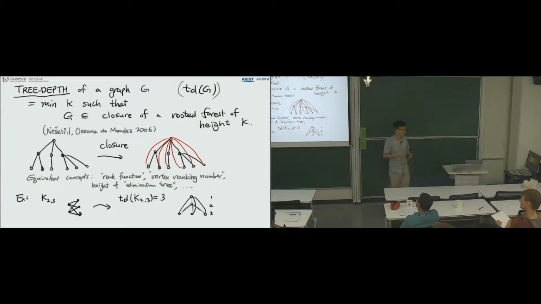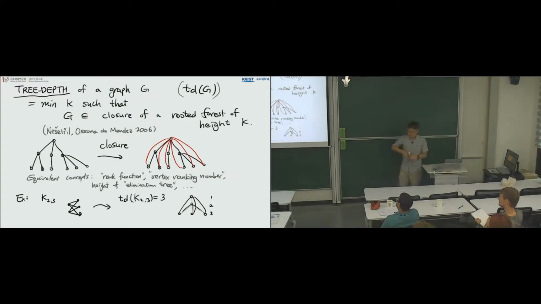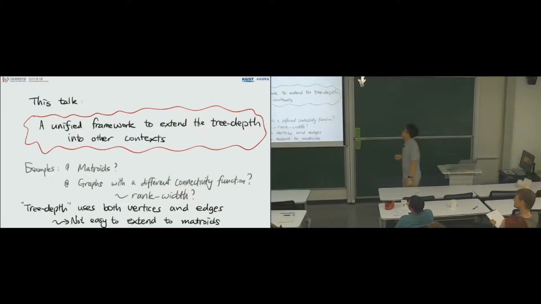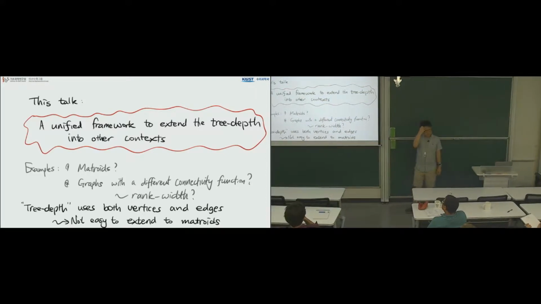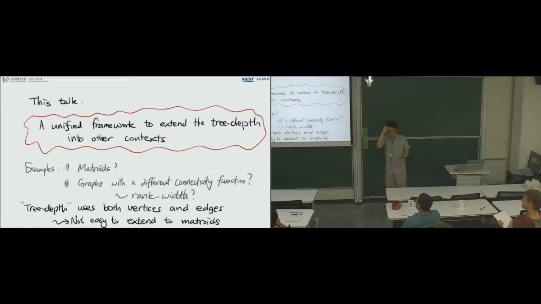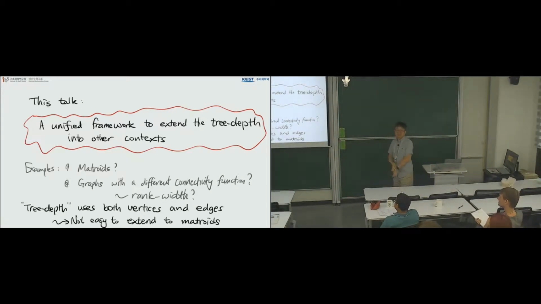And if you look at the definition of tree depth, you use vertices and edges in various ways, right? Now, how do we generalize this notion to matroids, where you don't have vertices, you only have edges? Or how do we generalize this to an analogous concept for rank width?